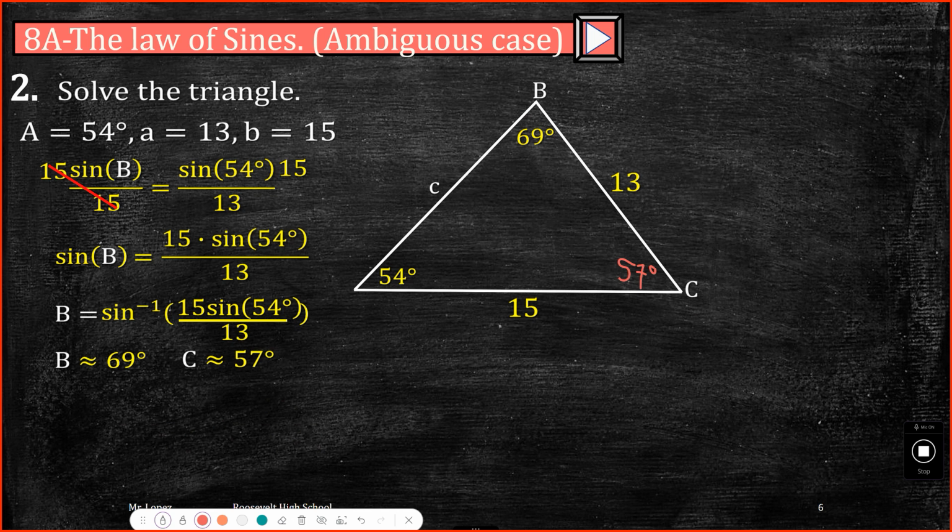then we can do again C over sine 57 degrees is equal to, and I will stick to the one that is given, that is not an approximation, 13 over sine 54.